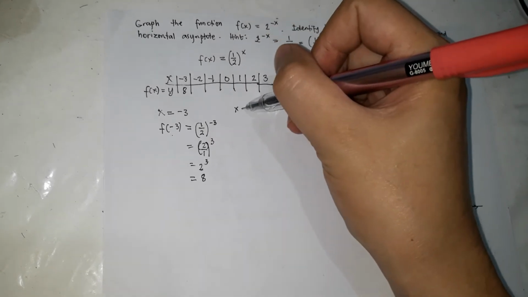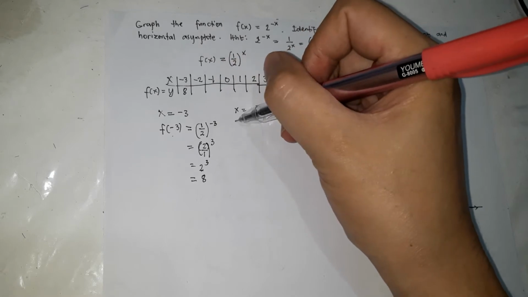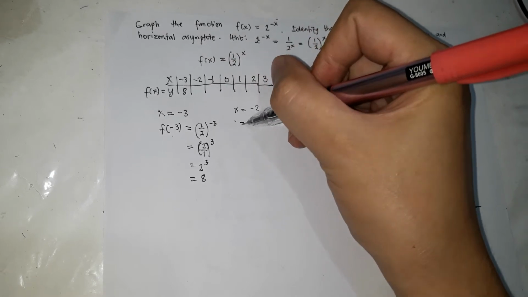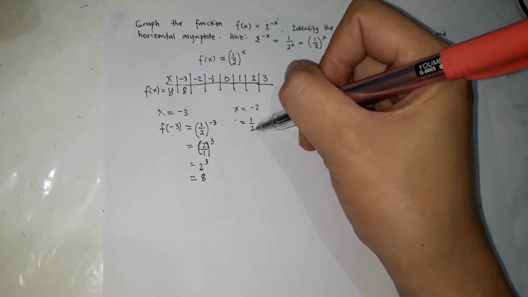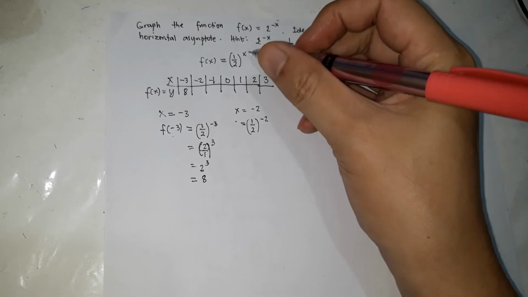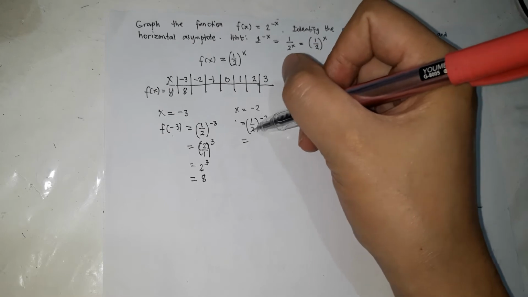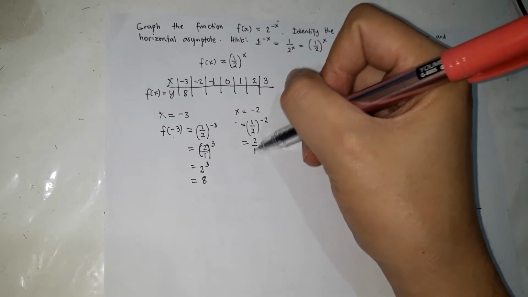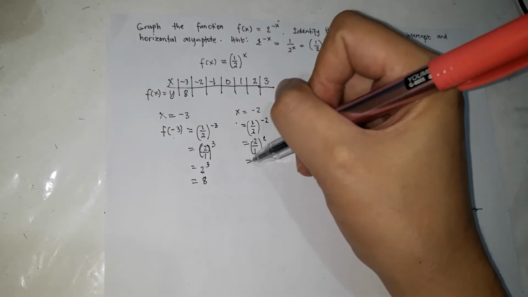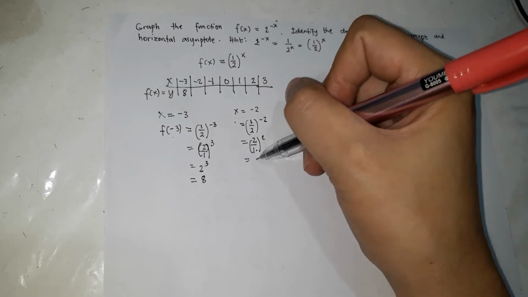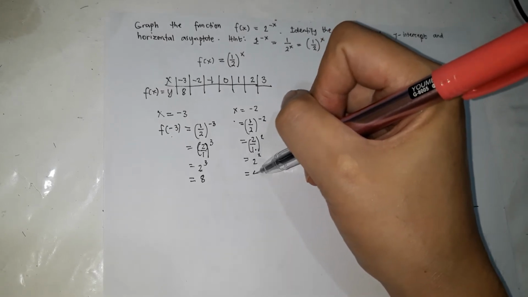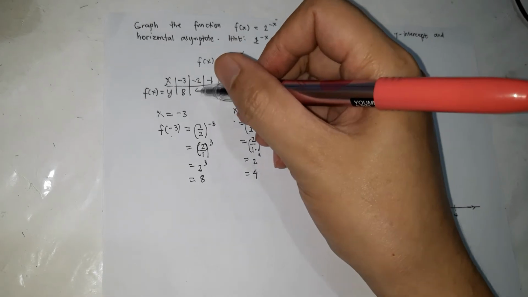Next, when x is equal to negative 2, it's the same process. It becomes 1 half to the power of negative 2, because you replace x with negative 2. To make it positive, you flip it, becoming 2 over 1, positive. 2 divided by 1, positive 2. 2 to the 2 is equal to 2 times 2, 4.